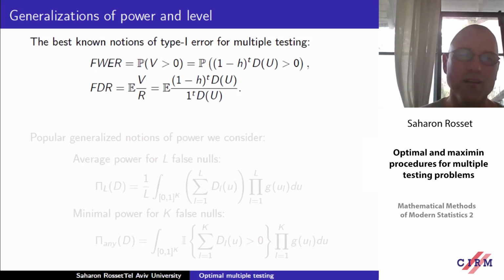If we employ the convention of 0 over 0 equals 0, then we can just write it like that. Otherwise, we have to account for the case of 0 discoveries.